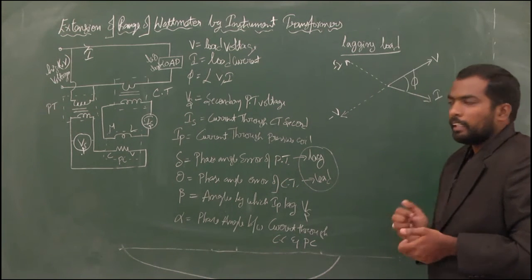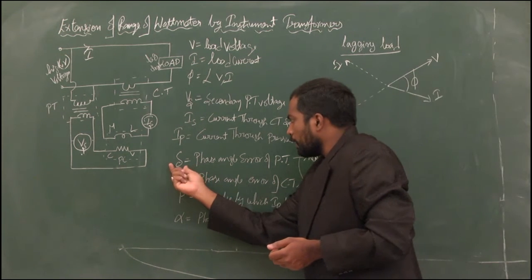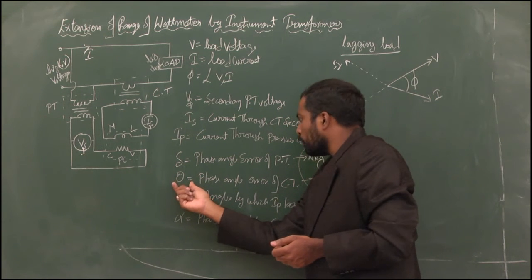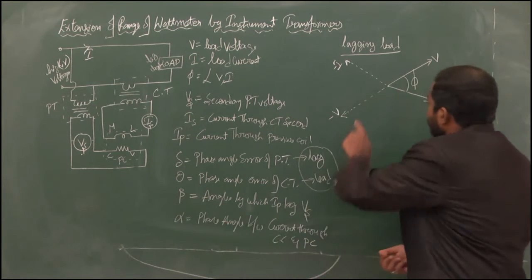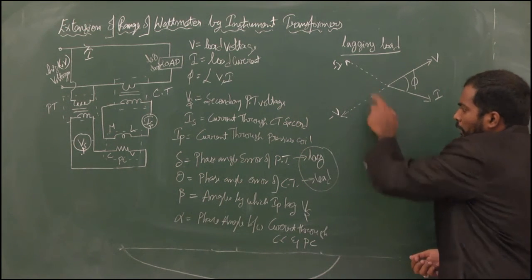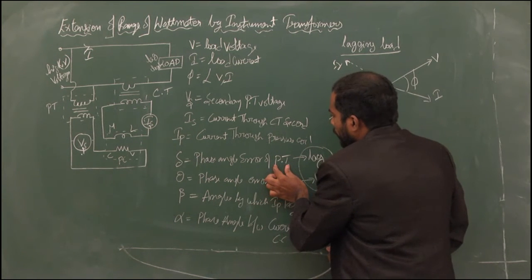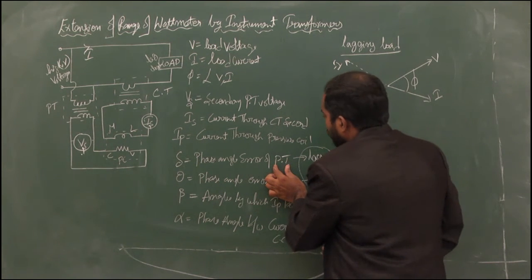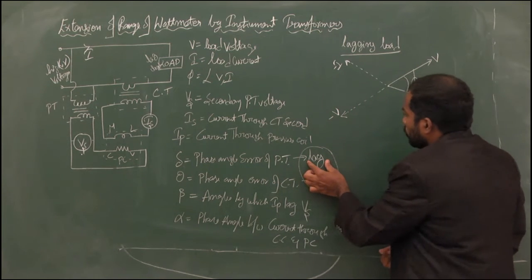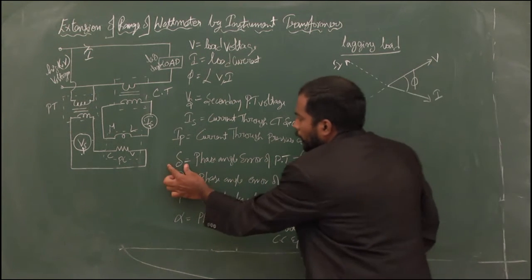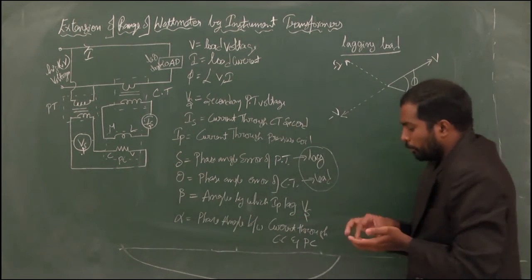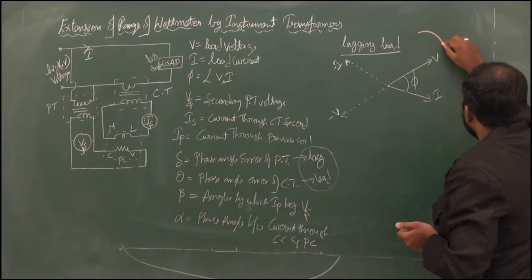Now we will represent the potential transformer error del and the current transformer error theta with respect to these negative projections. The potential error caused in the secondary of your potential transformer is lagging your source voltage by an angle of del. That means this is the lagging direction.